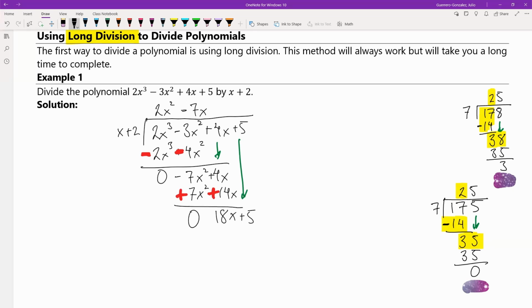Okay, here we go one more time. So something times x has to be 18x. So you guys see what's going to go in there. That's going to be a positive 18. 18x. 18 times 2.